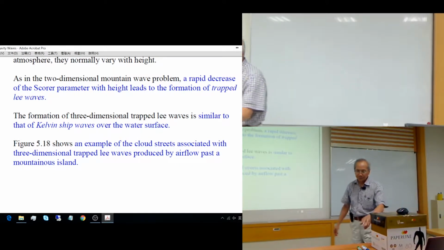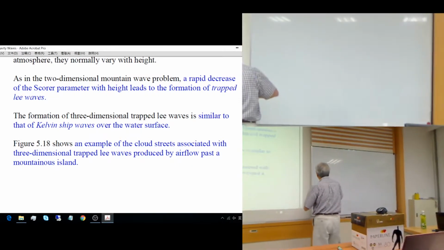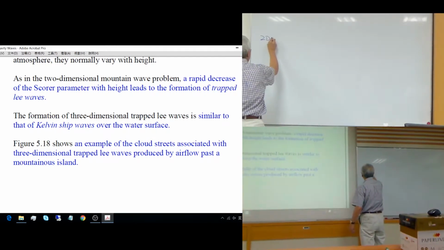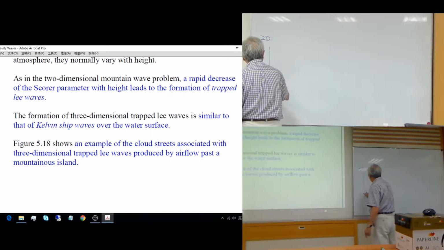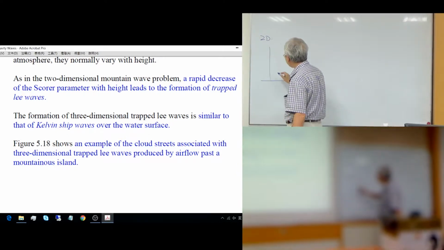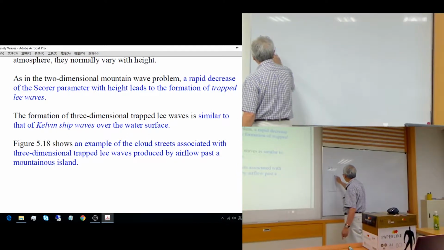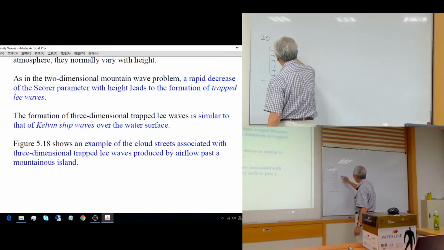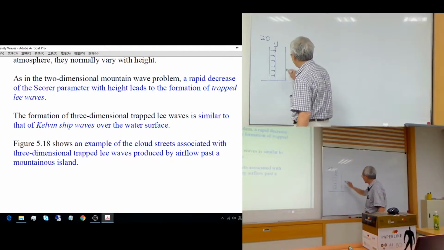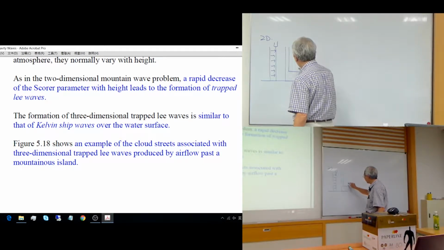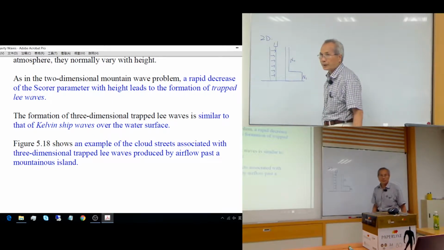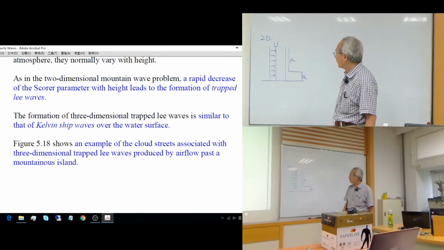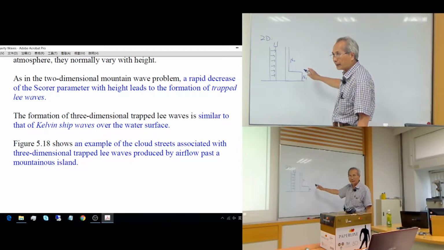Remember in two-dimensional linear theory, say we have constant U, and then we have N1 and N2, and N1 is much greater than N2, so there's a gap. Remember there's a criterion.